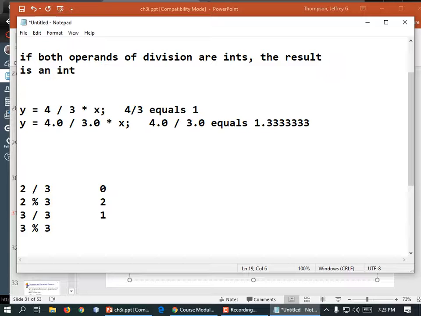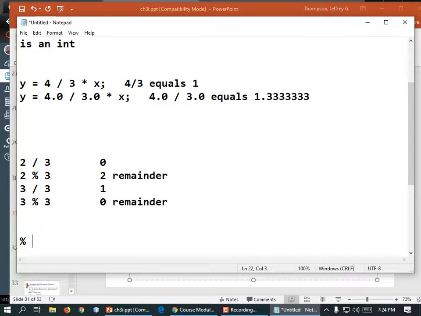When you divided 3 into 3 one time, what was the remainder? Does 3 divided by 3 give you any remainder? No. It's a remainder of 0. That's what modulus means. Modulus means remainder. So percent sign means modulus, means remainder.